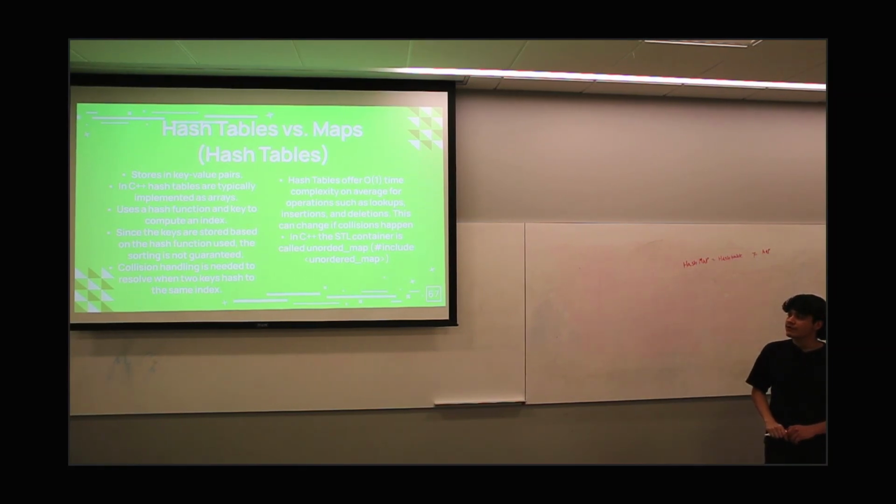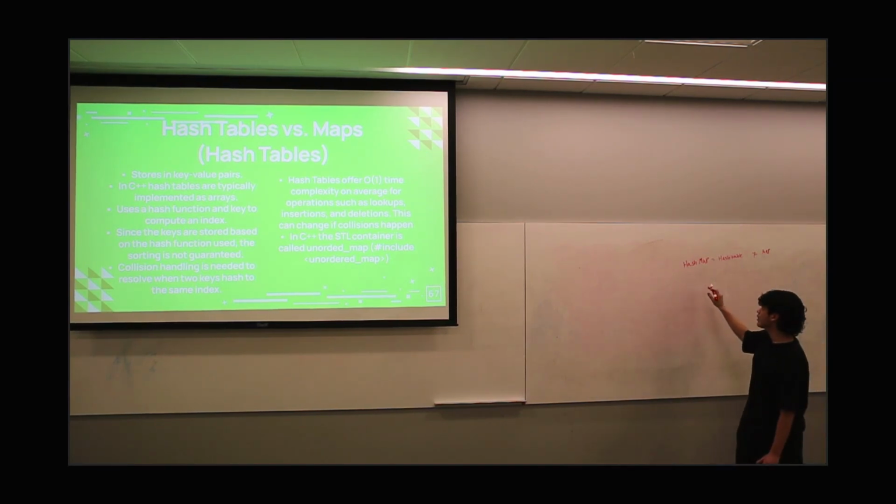So if you prefer fast operations and you don't care about the sorting, because remember whenever we hashed, it was all over the table, so if you don't care about the keys being sorted, then you're best off using a hash table.